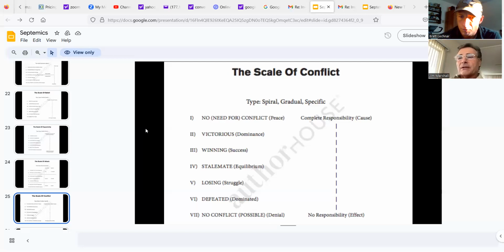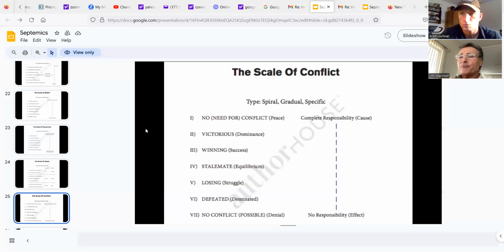So let's talk about level 7, no conflict possible. So this person is in denial. He is denying the existence of the conflict. So this person is in a conflict and is ignoring it to a point where he says it doesn't exist. So no conflict is possible because he's denying it.